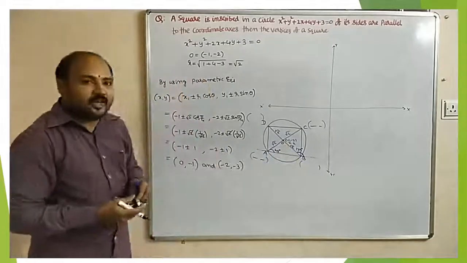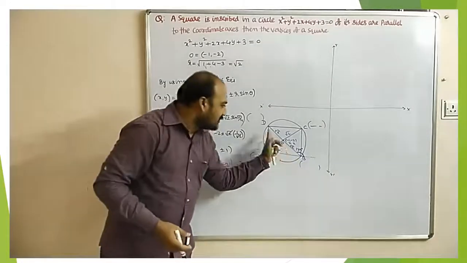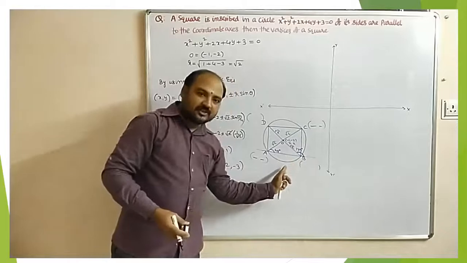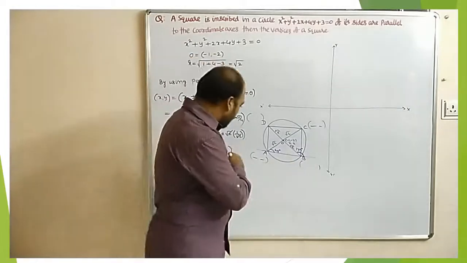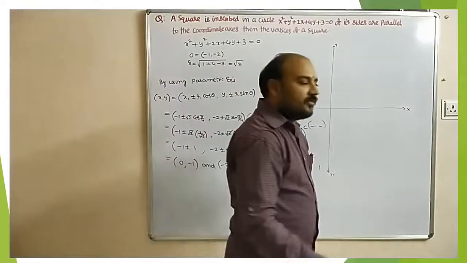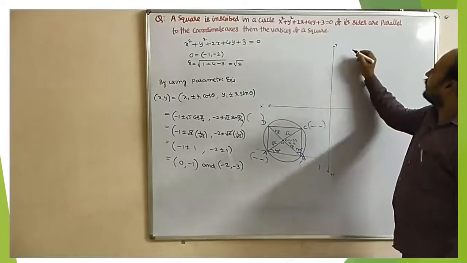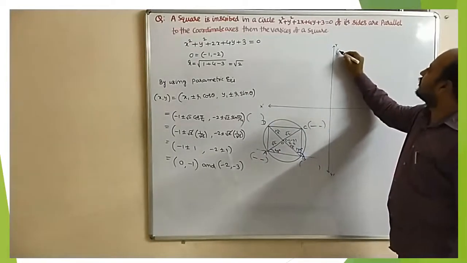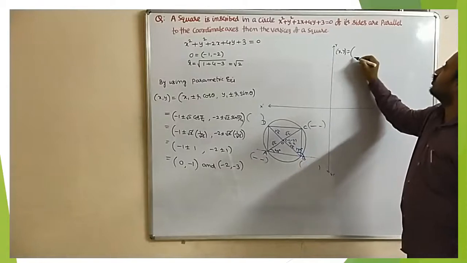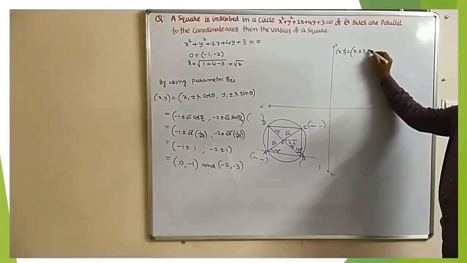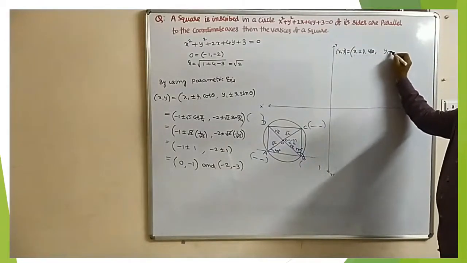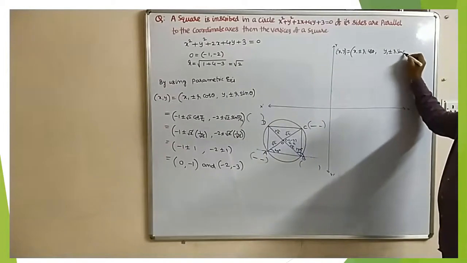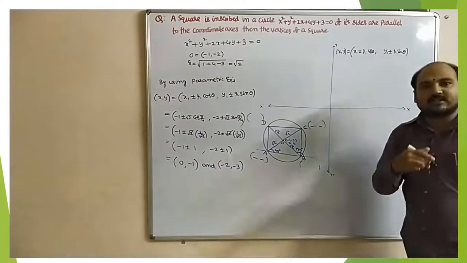Similarly, we can calculate B and D vertices by using parametric equations. In place of theta, we can write 135 degrees. Before doing that, we can calculate sine 135 and cos 135 for the parametric equations x comma y equal to x1 plus or minus r cos theta, comma y1 plus or minus r sin theta. Here theta is 135 degrees.